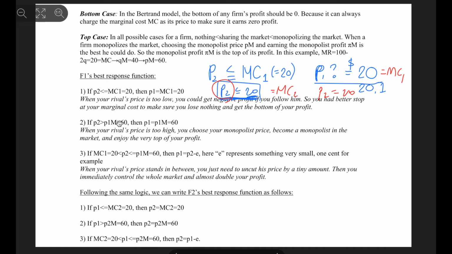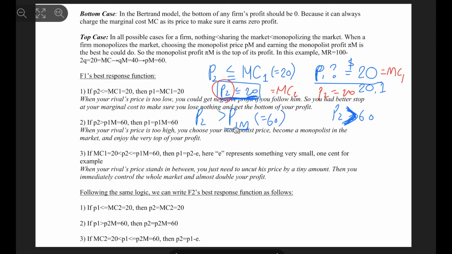And number 2, if P2 is greater than the monopoly price of firm 1, right? And that value is 60. If P2 is greater than 60, not equal or greater, but if it's greater than 60, what is happening to P1, right?